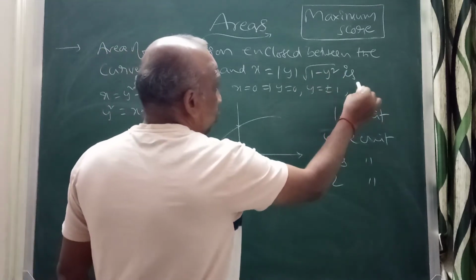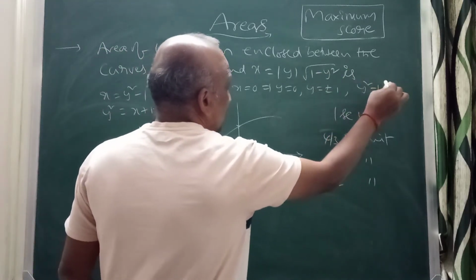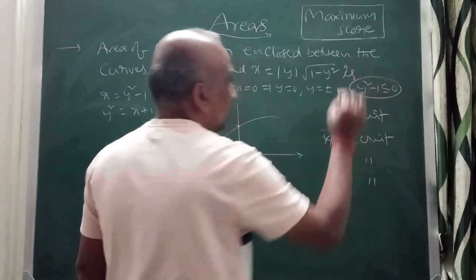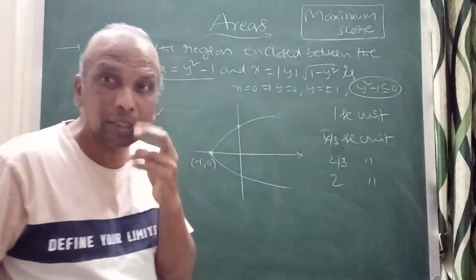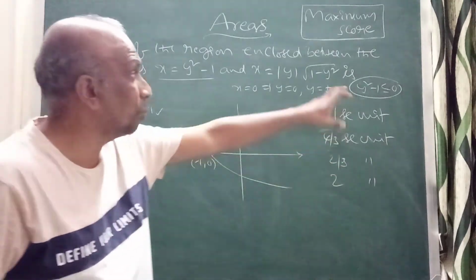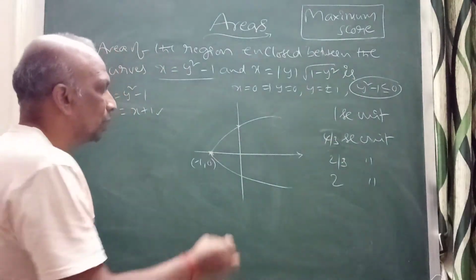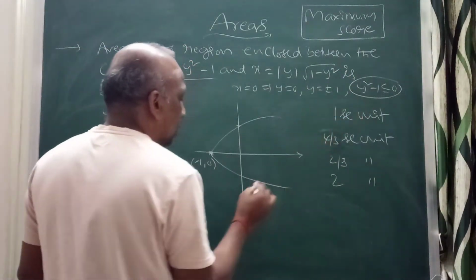Also 1 minus y square greater than or equal to 0, y square minus 1 less than or equal to 0, so y value lies between minus 1 and plus 1.